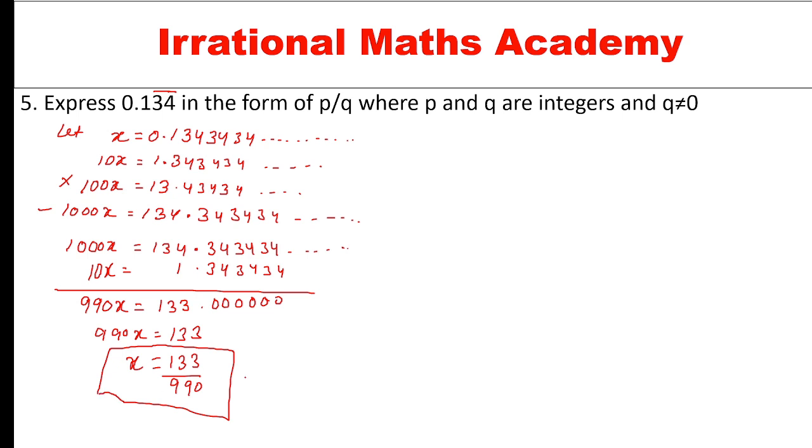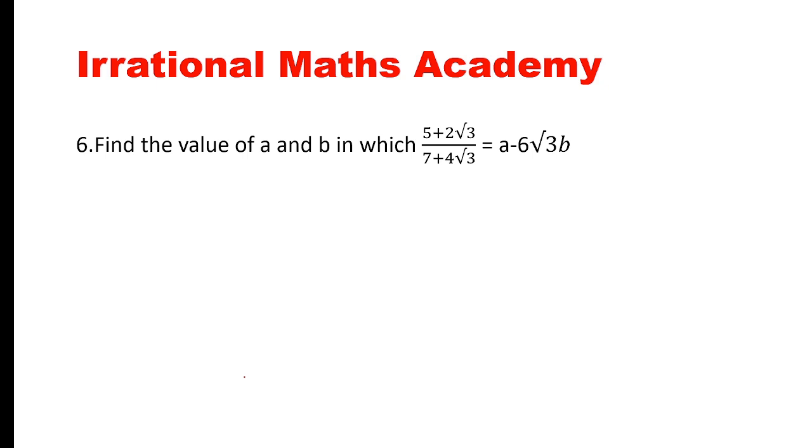That is what they asked, right? Next, find the value of a and b in which 5 plus 2 root 3 upon 7 plus 4 root 3 equal to a minus 6 root 3 b. First of all, we'll take the LHS part and rationalize this one.